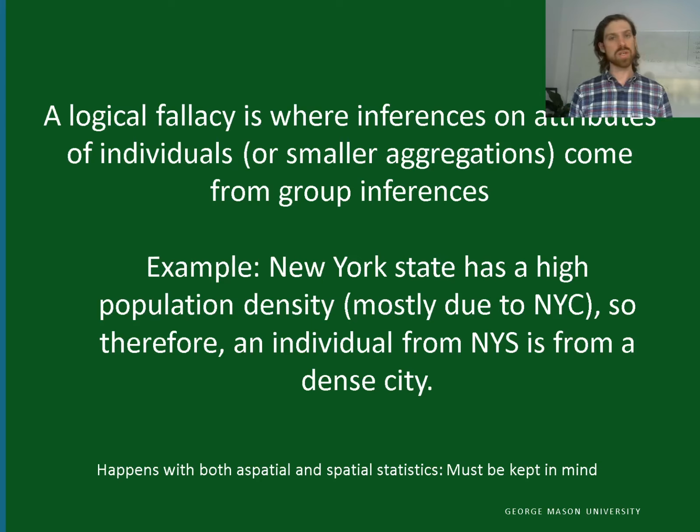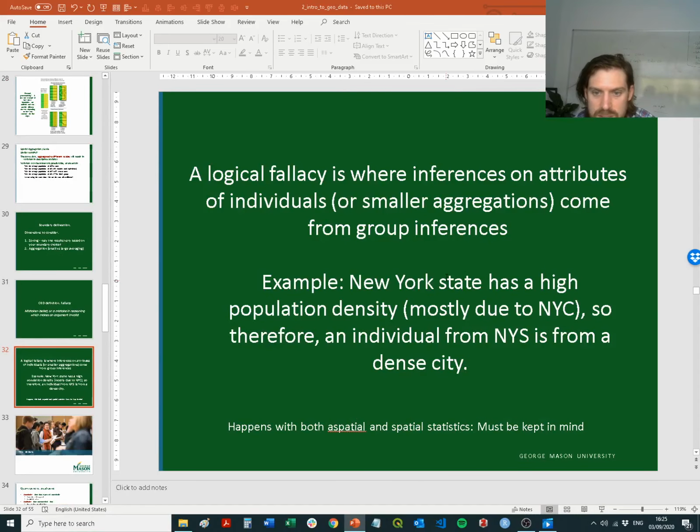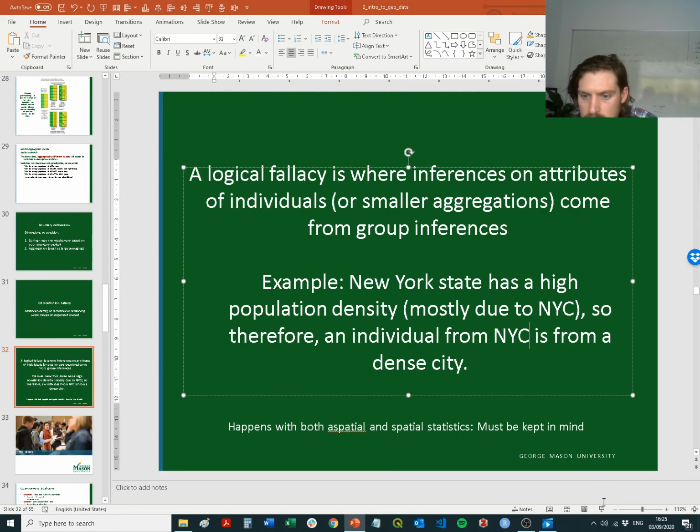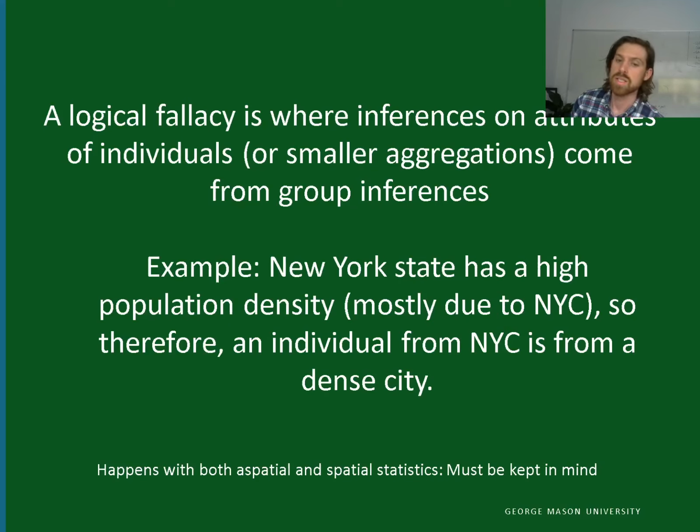It's a lot more spatially nuanced than that. So an individual from New York City has a high population density. Is from a dense city. But this is one of the issues with making those aggregation decisions, which I mentioned before.